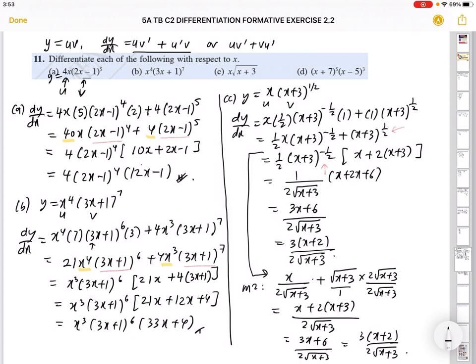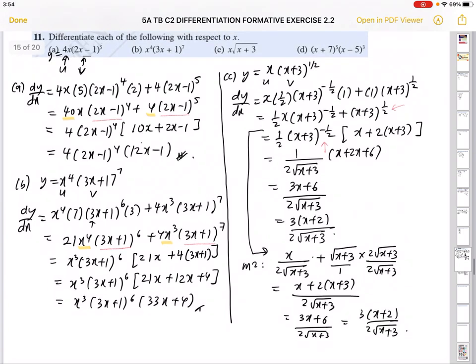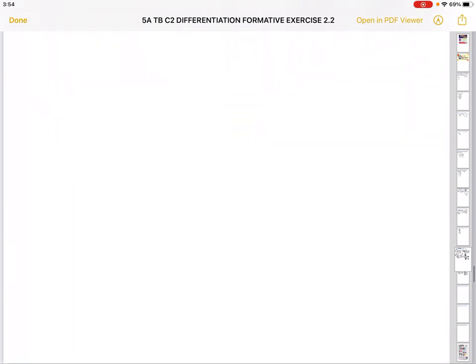All right. Okay, I don't have space for part D, so I'm going to write part D below here. You have y equals x plus 7 power 5 and x minus 5 power 3.